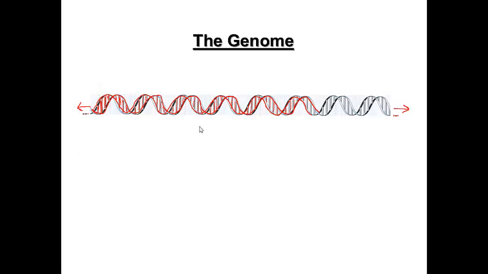But if we want to symbolize this long, double-stranded helical molecule as being all the DNA in one's body, we can then break it down into little chunks. And that's what I'm going to do right now.